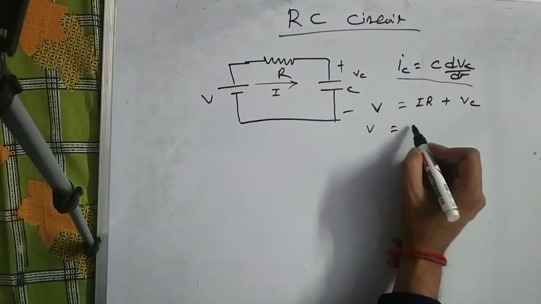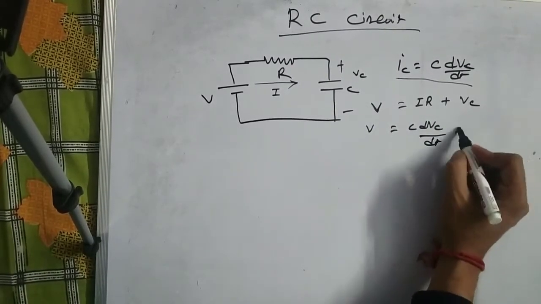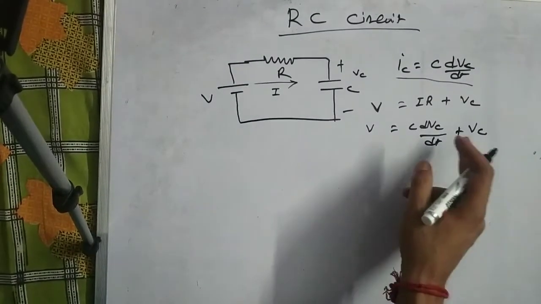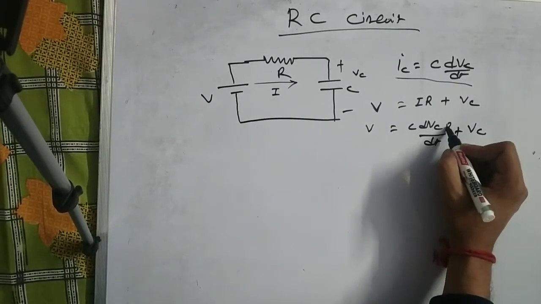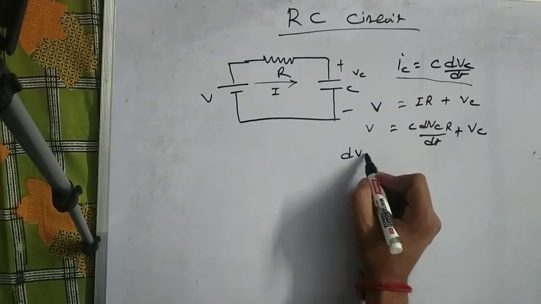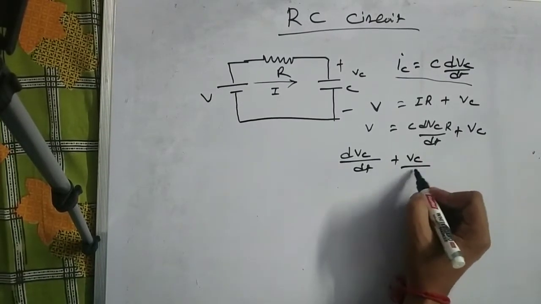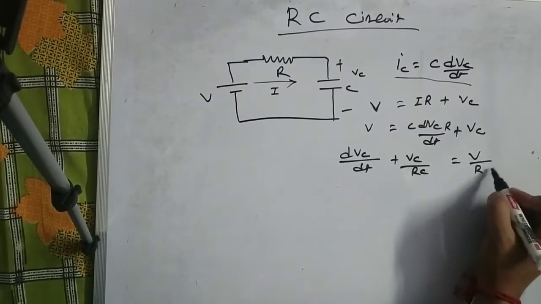So V equal to RC dVc/dt plus Vc. Now we will derive dVc/dt plus Vc by RC equal to V by RC.